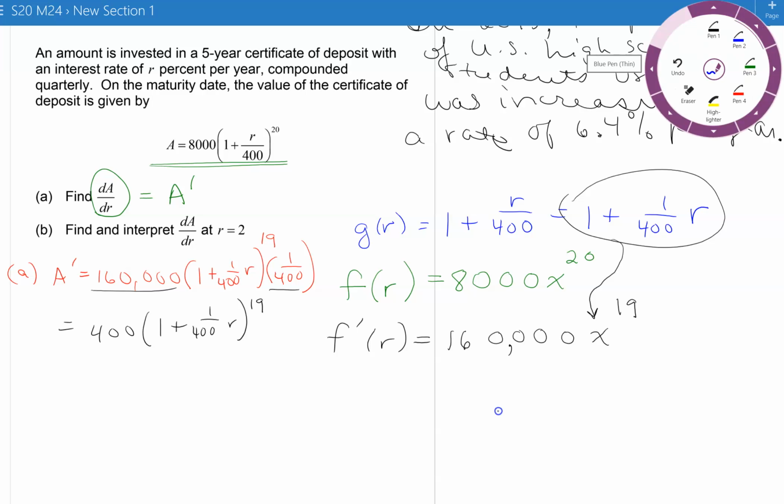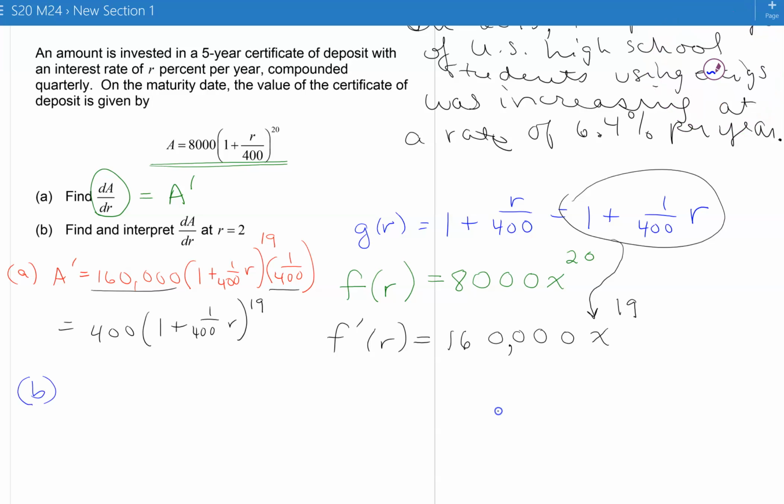Then B says, find A prime when r is 2. So let's put 2 in for r. And I'm getting about 439.76. And this is going to be, let's see, amount invested, which is the value of the certificate.